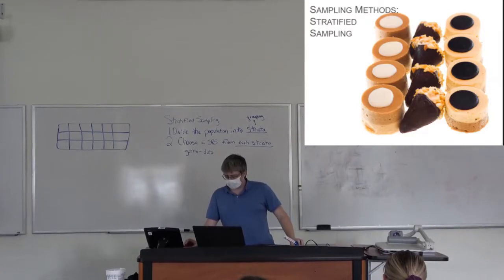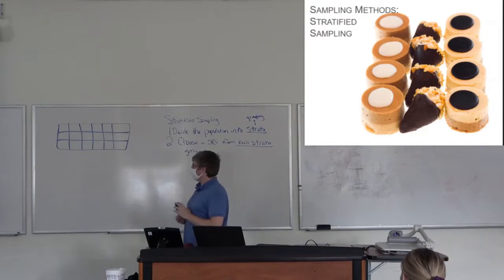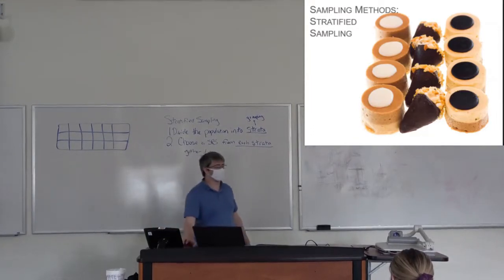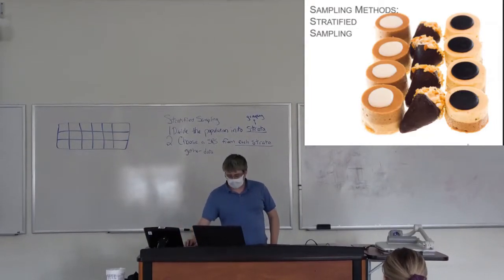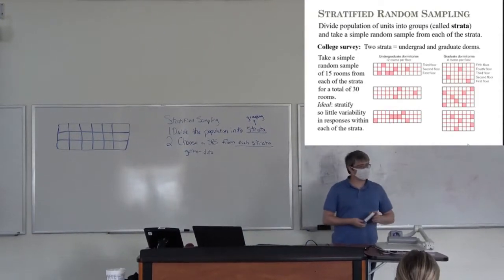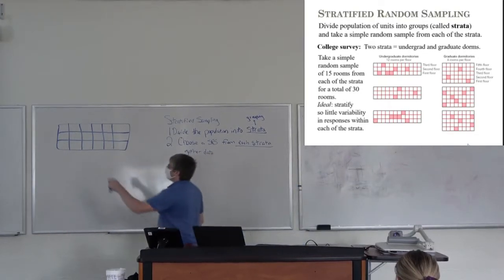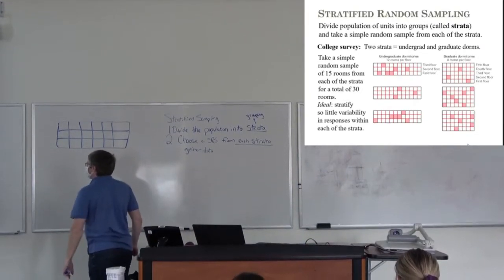And so some benefits is that it'll produce a sample that's a good representation of the population, but sometimes is expensive to implement. So the example of talking about this types of college dormitories, the groups that we're making here are for undergrad and graduate dorms.